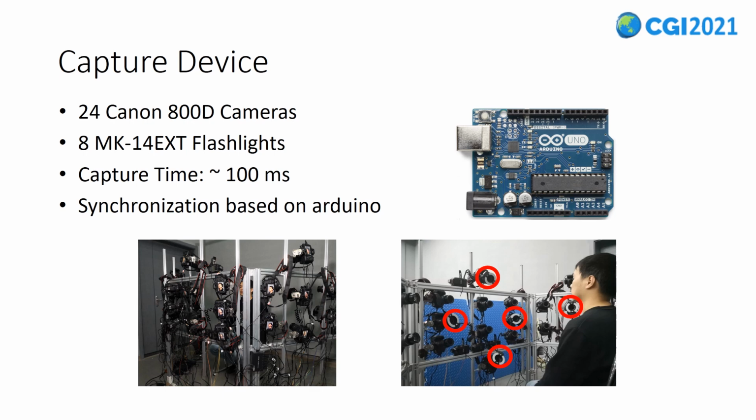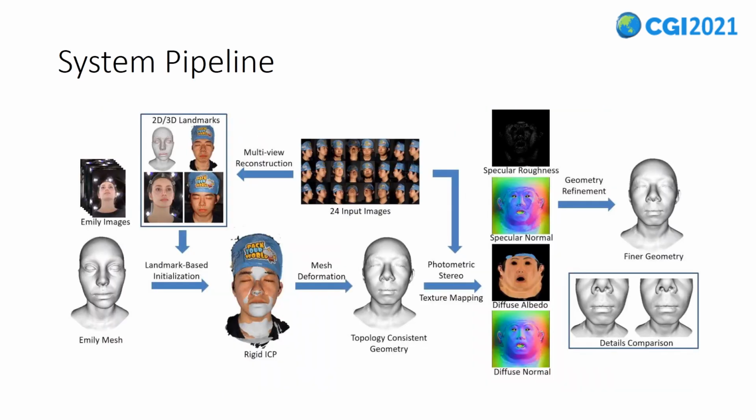This figure shows the pipeline of our facial geometry and reflectance capture system. The input is the 24 images captured under different lighting conditions. The Digital Emily project is used as the shared template. We first construct the coarse mesh and export the associated camera parameters using the commercial 3D reconstruction software PhotoScan.